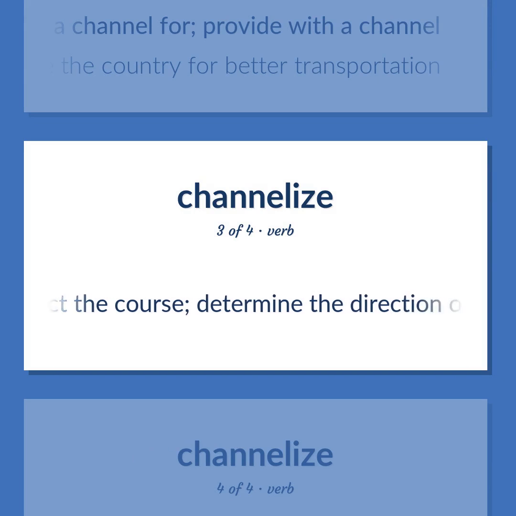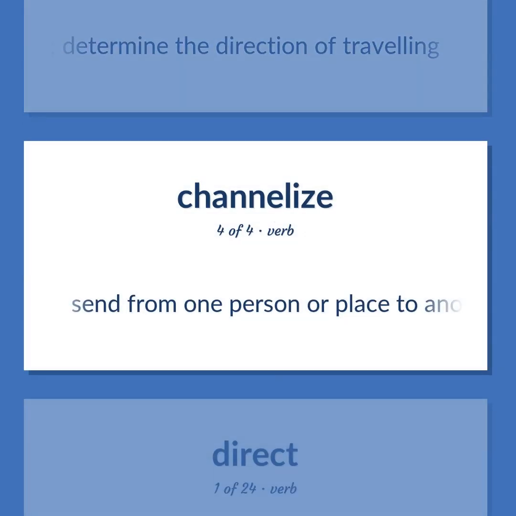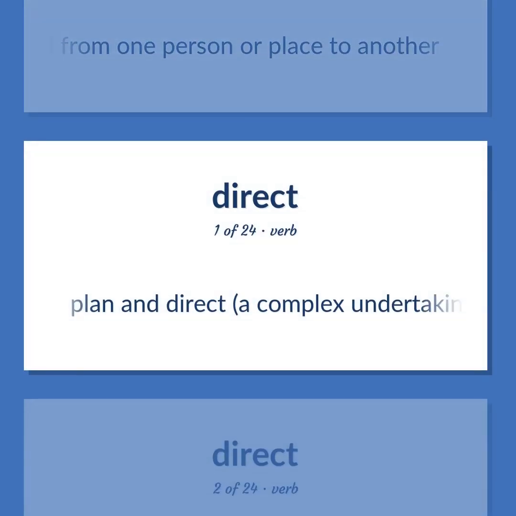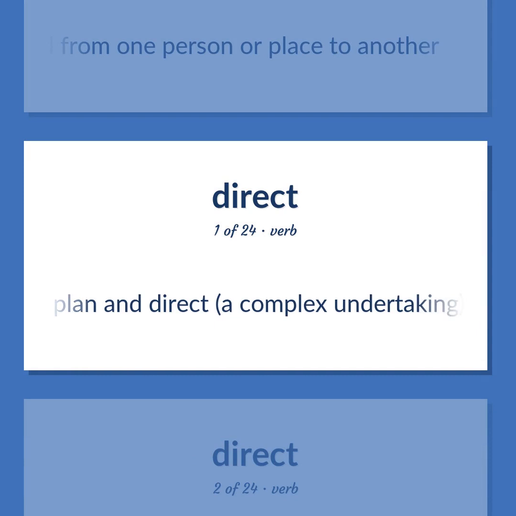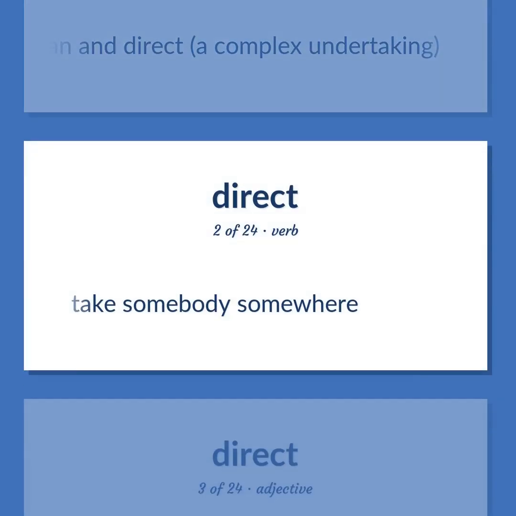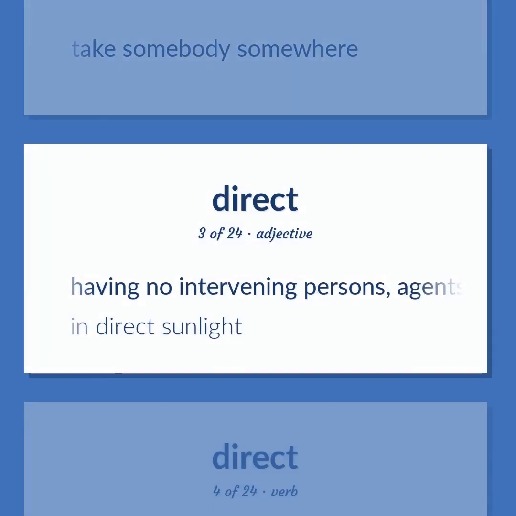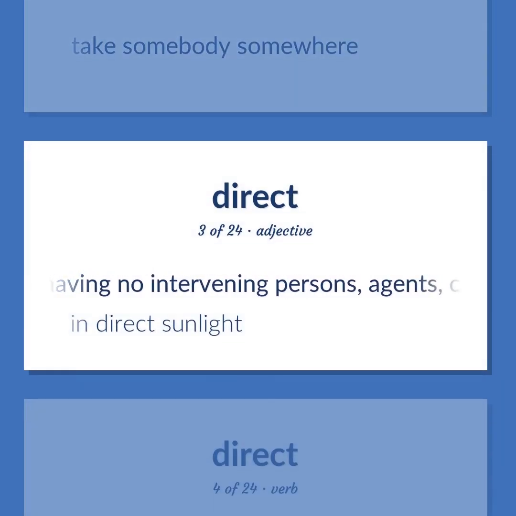Direct the course. Determine the direction of traveling. Send from one person or place to another. Plan and direct a complex undertaking. Take somebody somewhere. Having no intervening persons, agents, conditions. In direct sunlight.